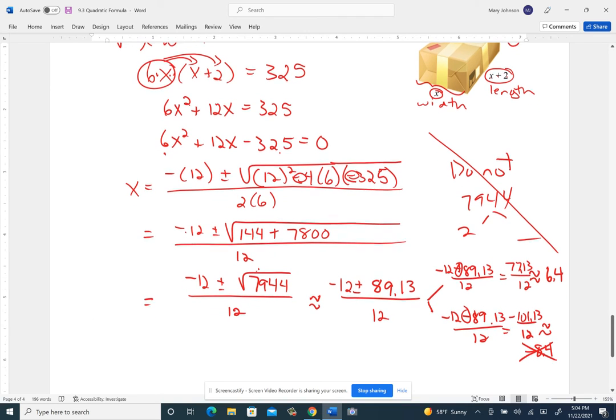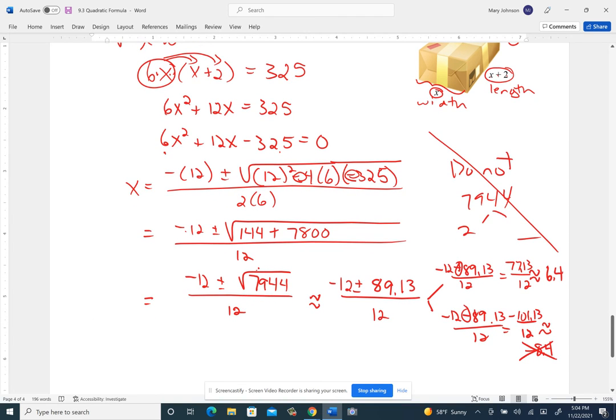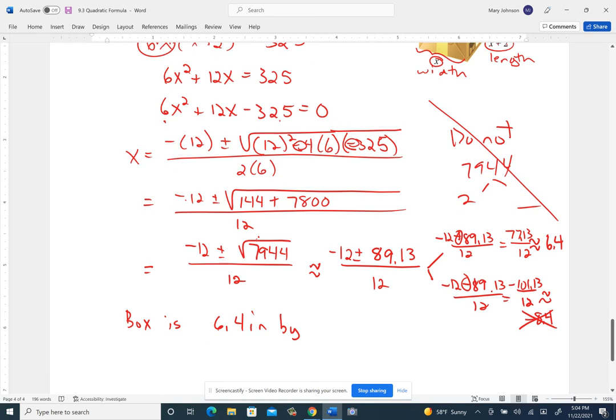Okay? So then you go back and you say to yourself, all right, so this box is 6.4 inches by, and then here you have to do 6.4 plus 2, that's plus 2, by 8.4 inches by 6 inches.